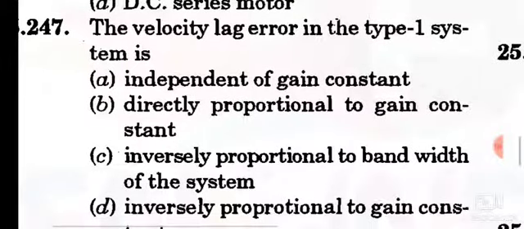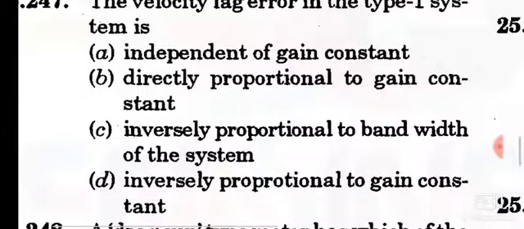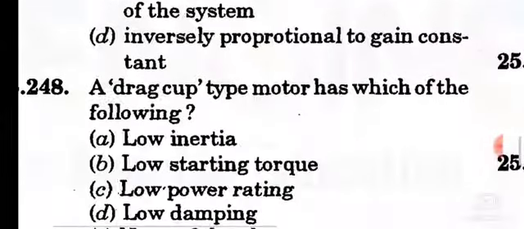Question number 247. The velocity lag error in a type 1 system is option D, inversely proportional to gain constant. So option D is the correct answer.